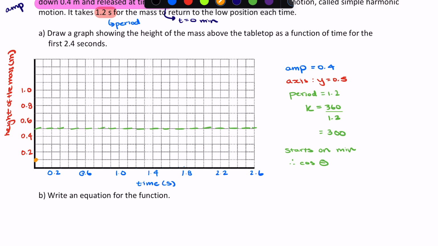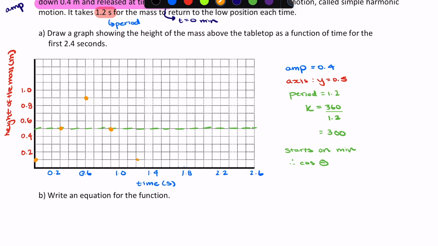So here we'll start at 0.1, and then at 0.3 it'll reach the axis. Then at 0.6, it will reach our maximum, which would be 0.9, and then at 0.9 seconds, it'll go back to our axis.